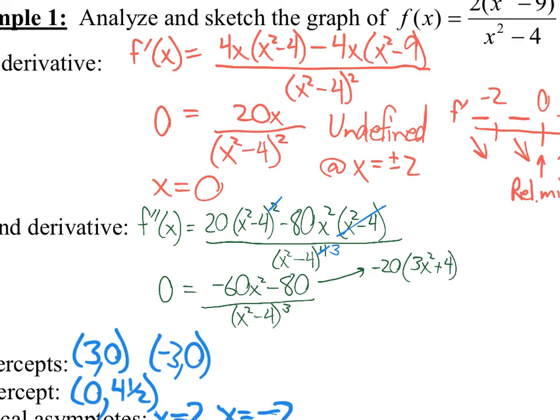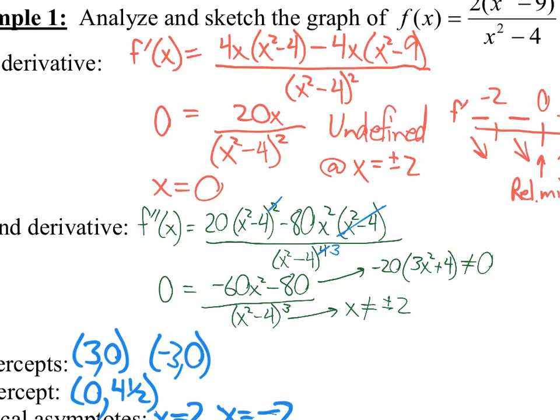Will that ever equal 0? No. That'll never equal 0. So notice I have no critical numbers. This gives me x equals plus or minus 2 again, but x can't be that either. So we just proved that there are no points of inflection on this graph.